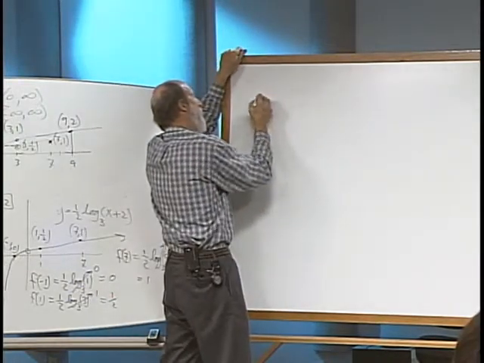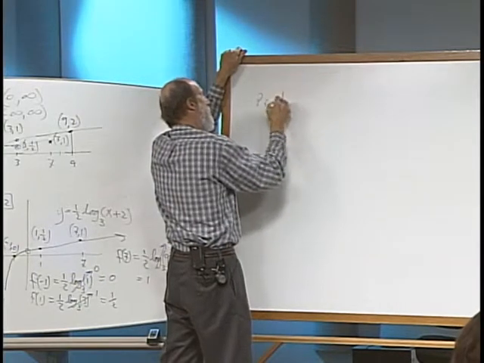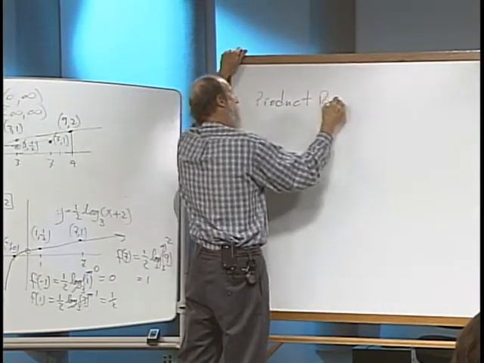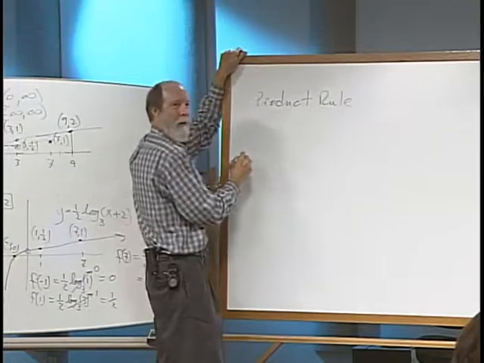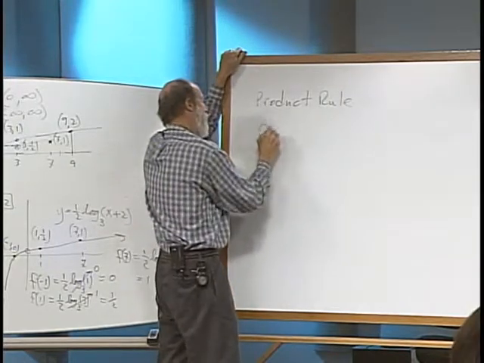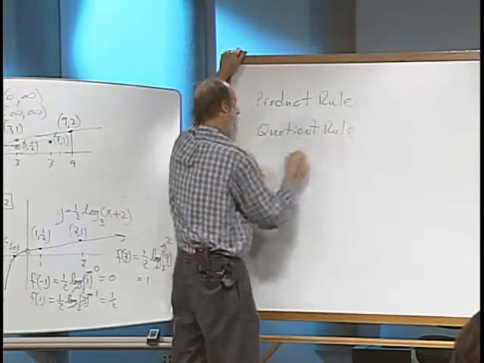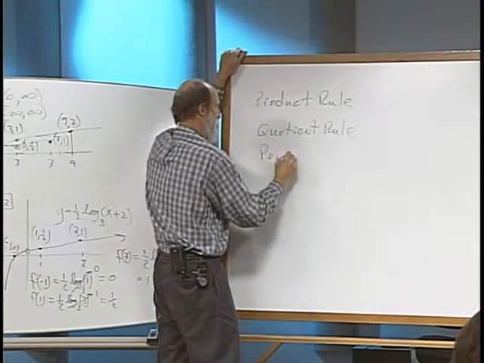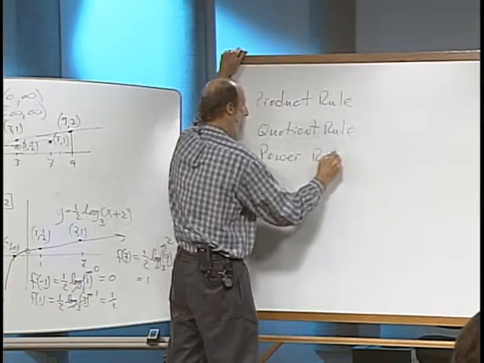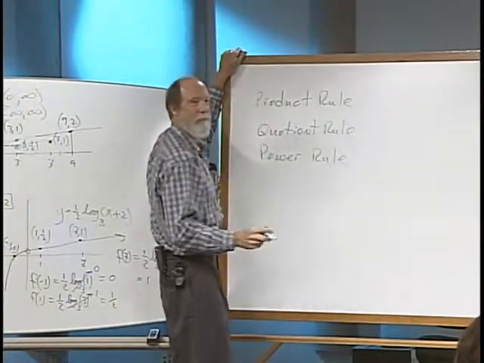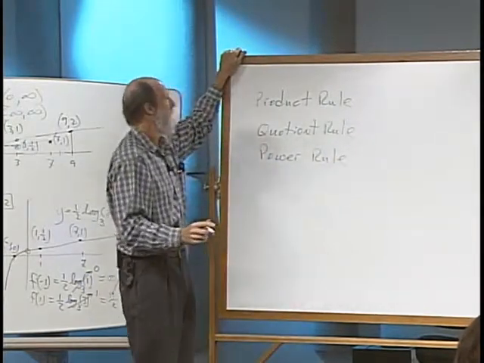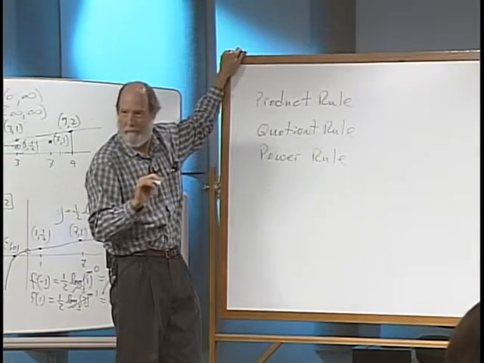One rule is called the product rule. Then there is a quotient rule. And then there is a power rule. I'm going to do it by example.